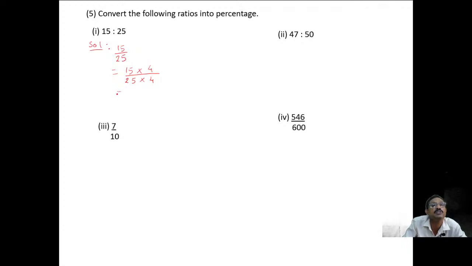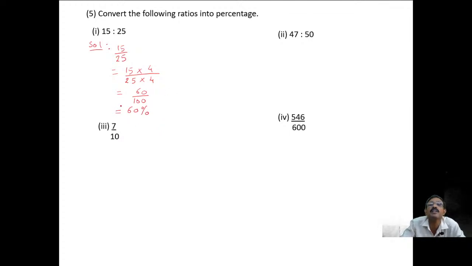I will get here 100. 15 fours are, 5 fours are 20 and 4 ones are 4, plus 2 gives me 60, which is equal to 60 upon 100. We express percentage out of 100. So this becomes 60%. This is the way of solving.